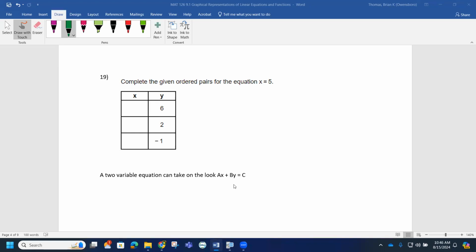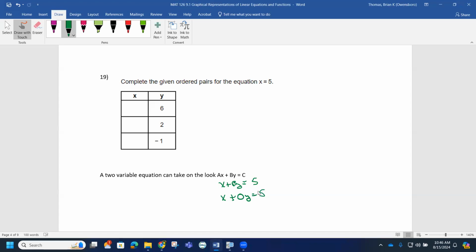ax plus by equals c. Such that the coefficient of x is 1, so a would actually be 1, so this would be x. So you'd have x plus by, and then c would be this 5. Notice that in this problem, though, if the variable y is gone, that means the coefficient of y is 0.